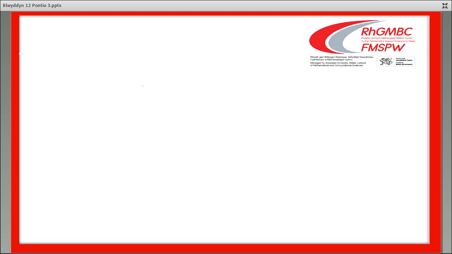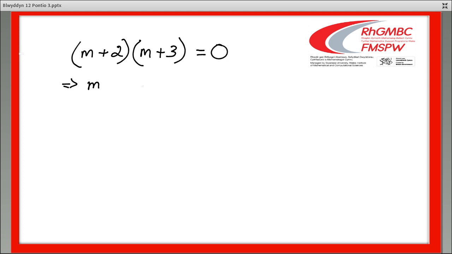So we are lucky that that will actually factorize into m plus 2 and m plus 3 equal to 0. So this implies that from the first bracket, m equals minus 2, or from the second bracket, m equals minus 3.